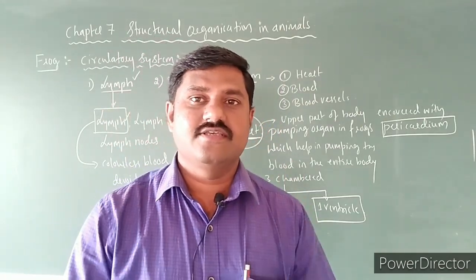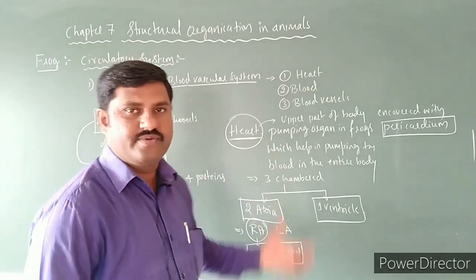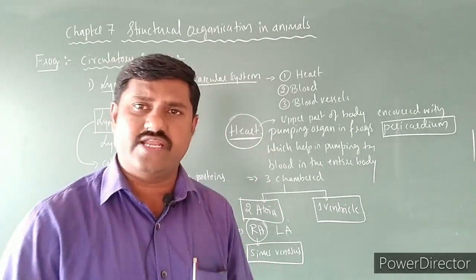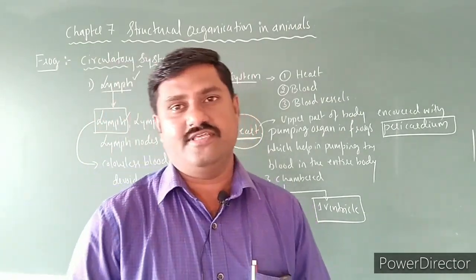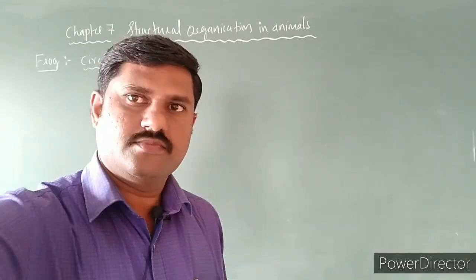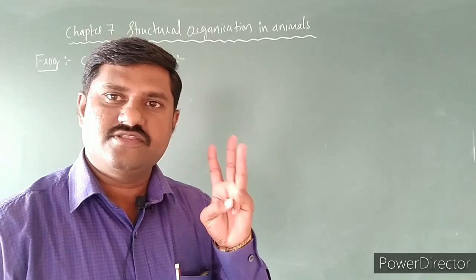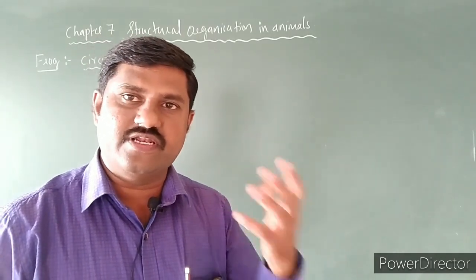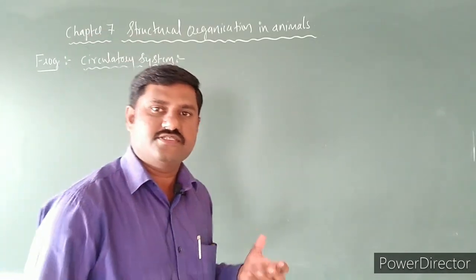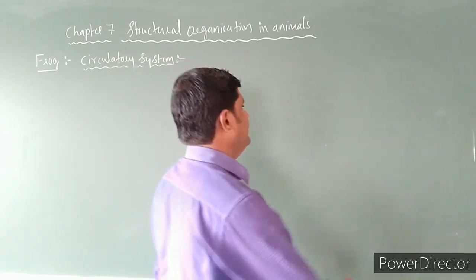So this is a little bit about the heart. Some more explanation about this heart: whenever we see the diagram of the heart with three chambers, that moment we will come to know what all these structures are and what their functions are.